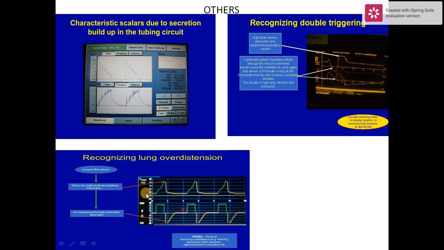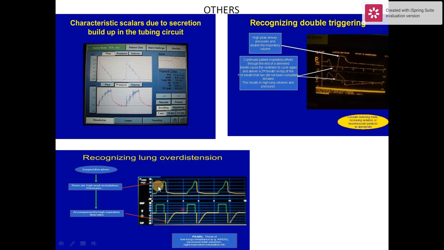And now next, coming to the last type, that is recognizing lung over distension. This is because of the high peak pressure and the plateau pressure. When there is an excess amount of flow or tidal volume which we give, we see this type of picture, and it can also be seen in patients with low lung compliance, that is ARDS or single lung ventilation.